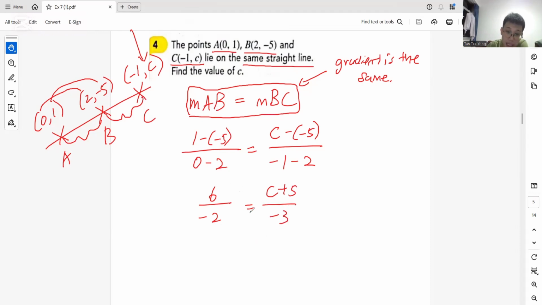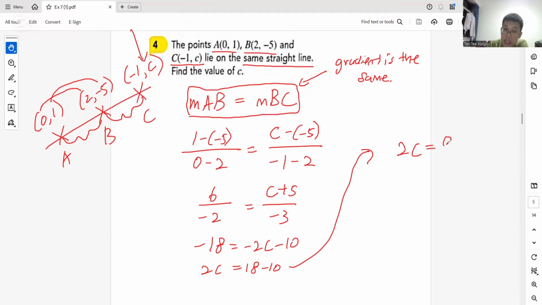Cross multiply, and I will have negative 18 equals negative 2c minus 10. So 2c equals 18 minus 10, so 2c equals 8, and then c equals 4. So the value of c is actually 4.